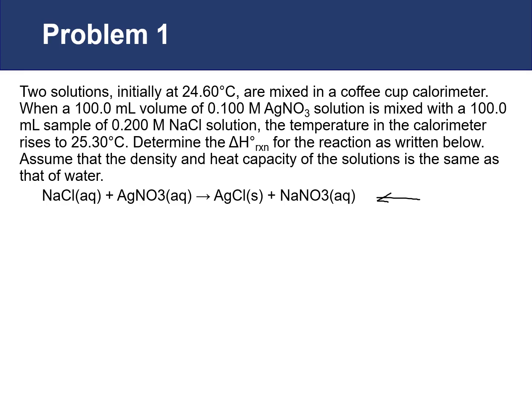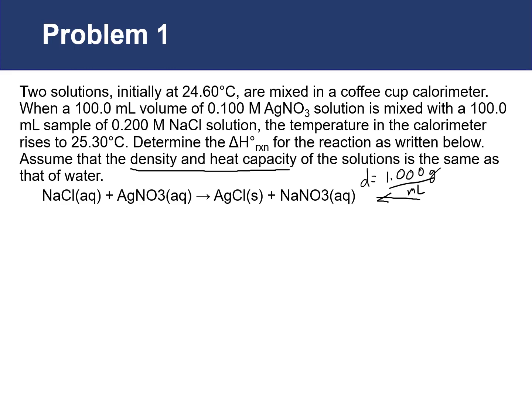Assume the density and heat capacity of the solutions is the same as that of water. So we're going to use the density for water. The density for water is 1.000 grams per milliliter at about 25 degrees Celsius, which is what we're dealing with here.